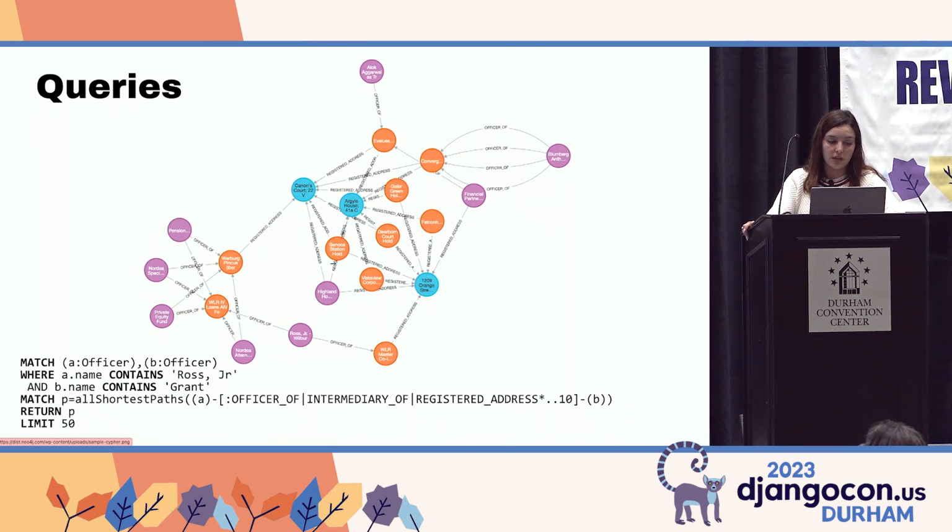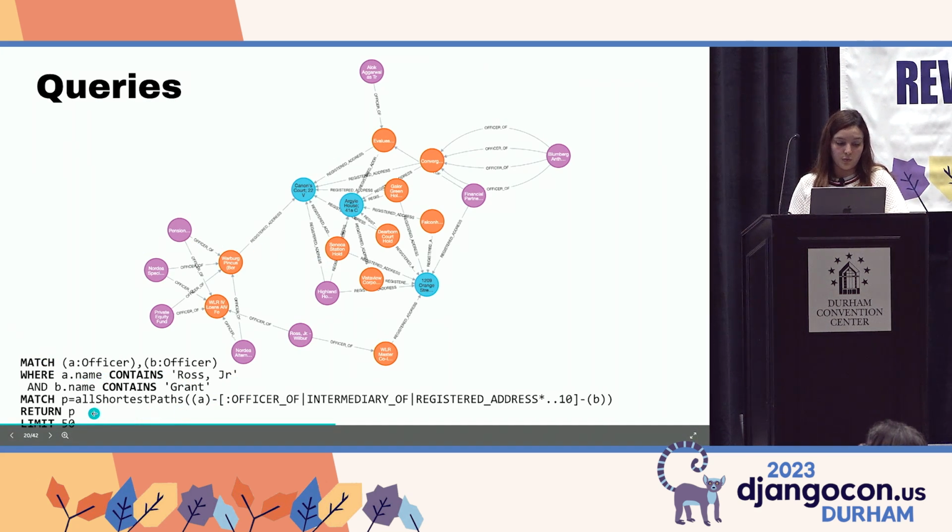This is a query made with Cypher. For example, if we want to discover the shortest path between two officers, this is how we can do it. Here we have the name that contains Ross Jr. This is the node. And the other one contains Grant. You have to believe me, this contains Grant.